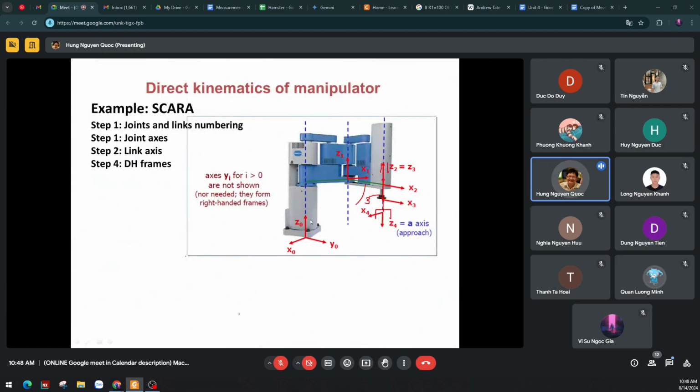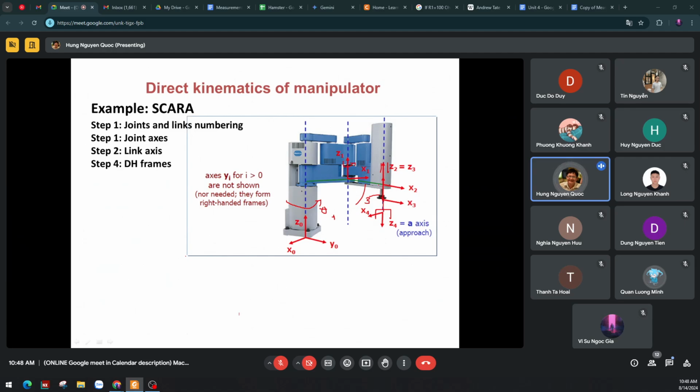So I choose Z0 here, rotating about this one. You know why I choose them? Because there is a rotation here, the shape of the rotation here. So this is theta 1. And there is a rotation here, this is theta 2.